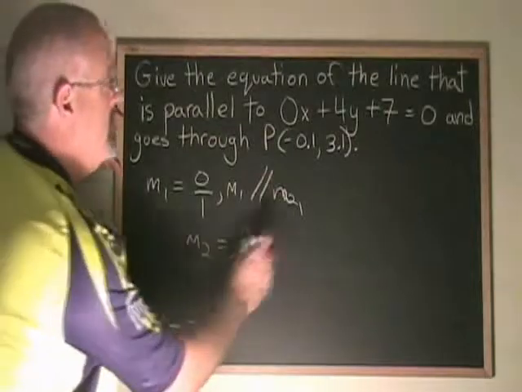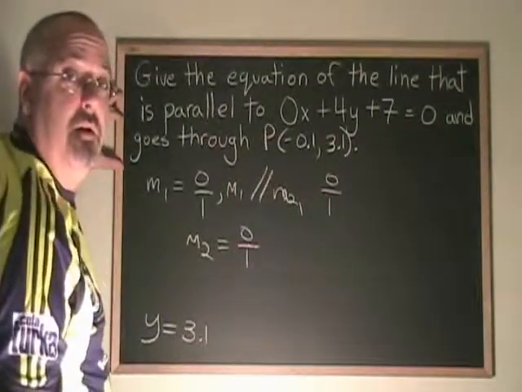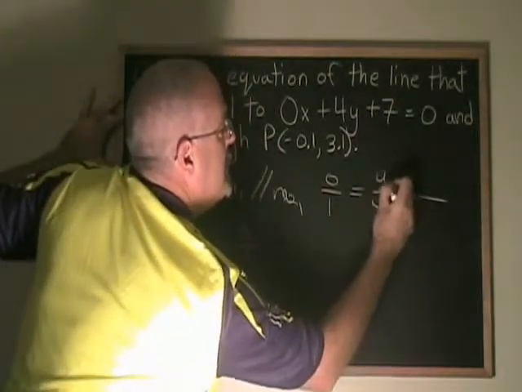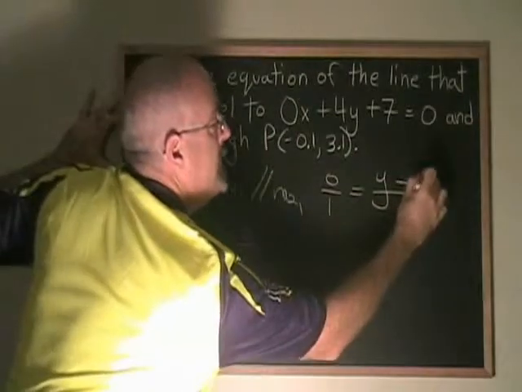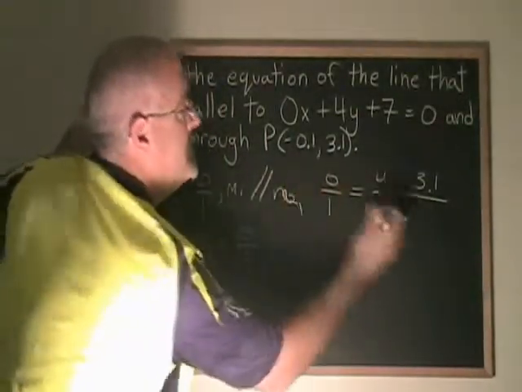Then I use this slope, 0 over 1, and the point that I was given to derive the equation. I get 0 over 1 equals (y - 3.1) over (x - (-0.1)).